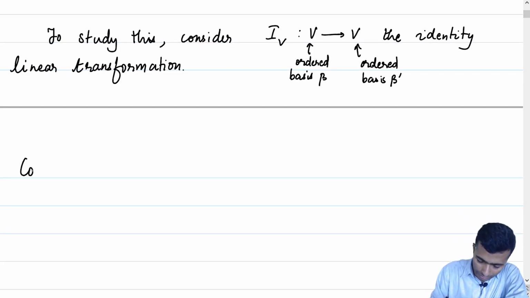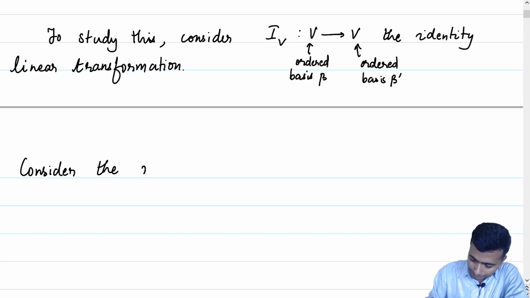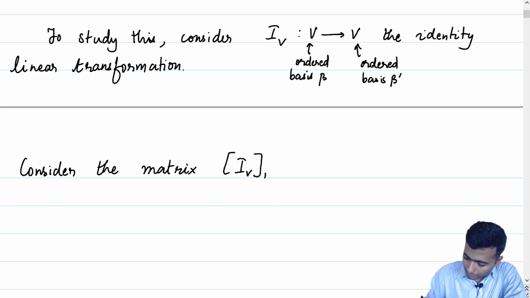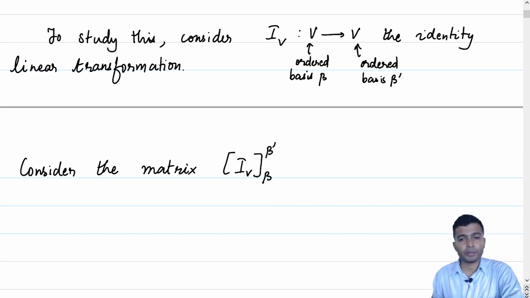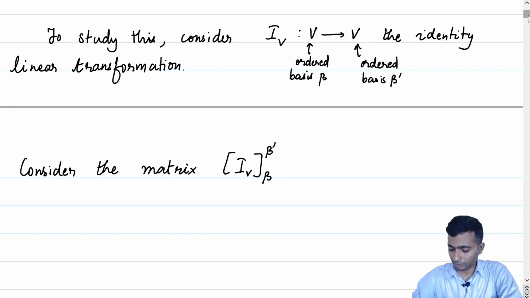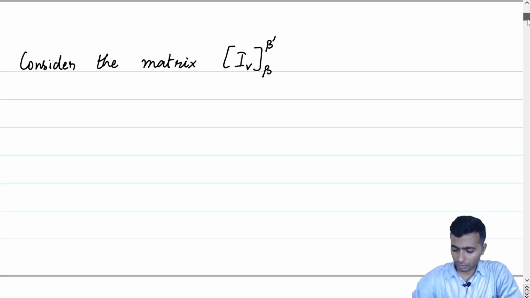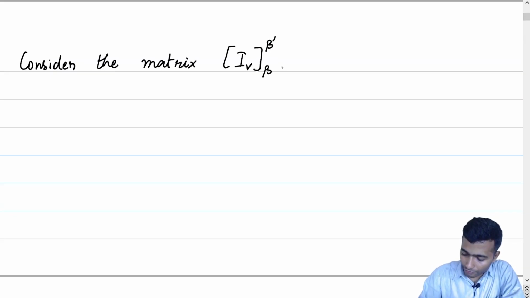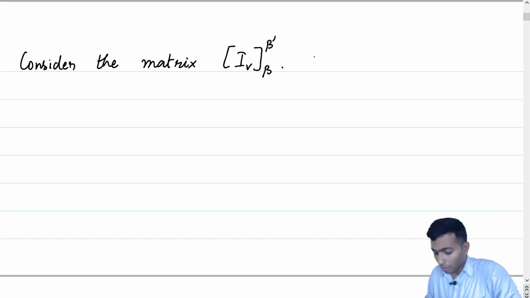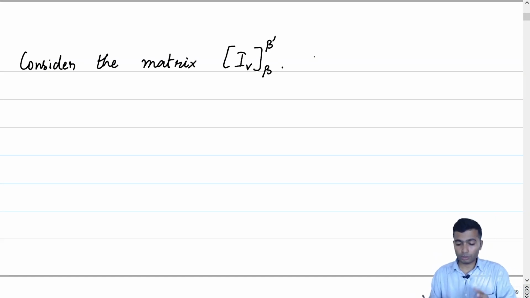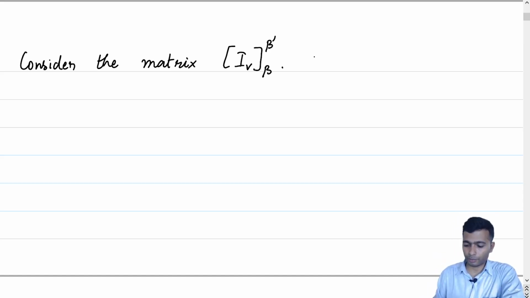So consider the matrix IV with respect to beta and beta prime. Let me tell you how this matrix is important, and then let me give you the name of this matrix.